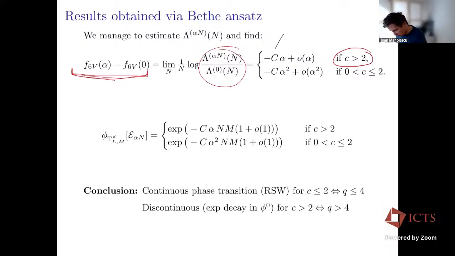So here you obtain F non-differentiable at 0. And if C is between 0 and 2, which corresponds to the regime Q smaller than 4 and more, you obtain a differentiable function.